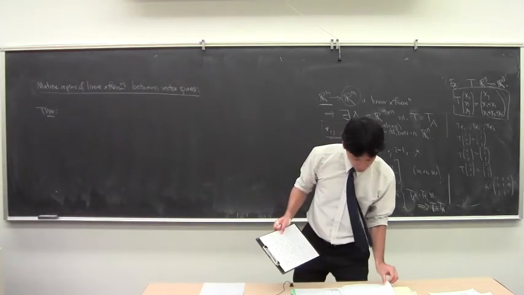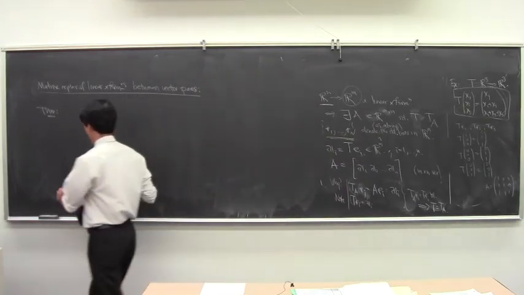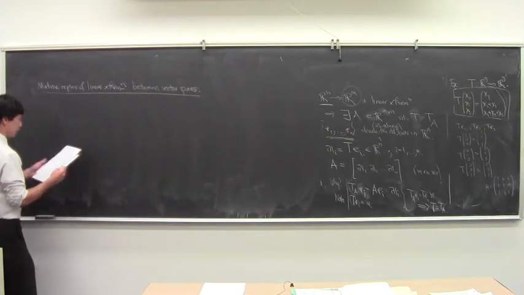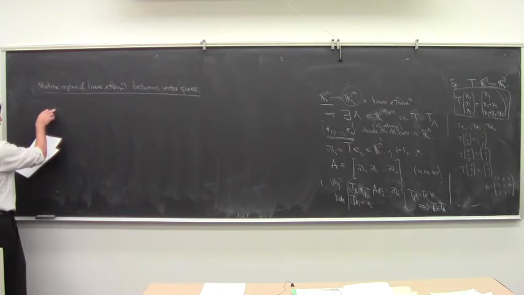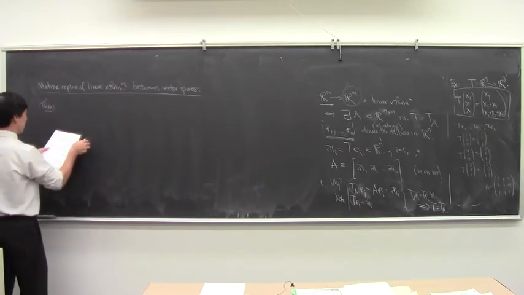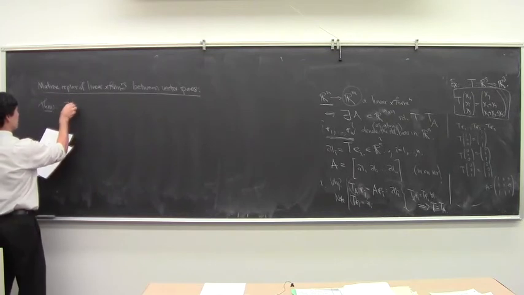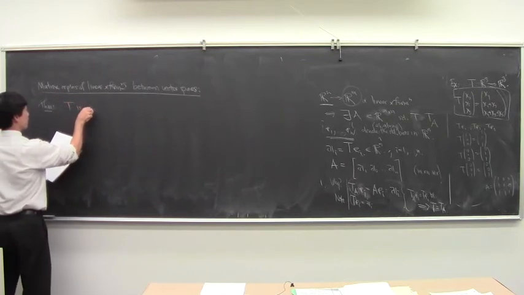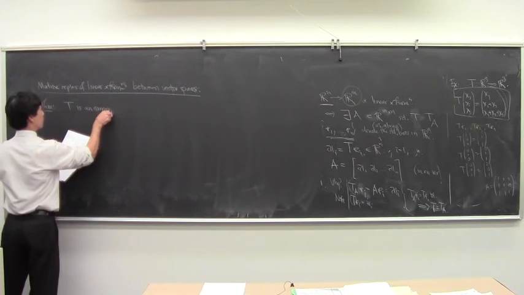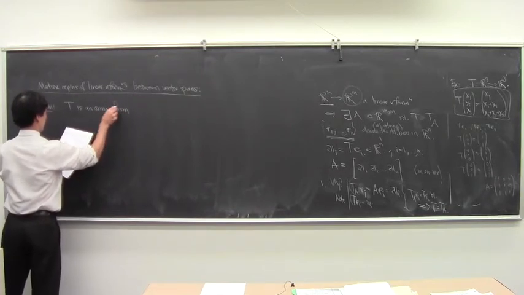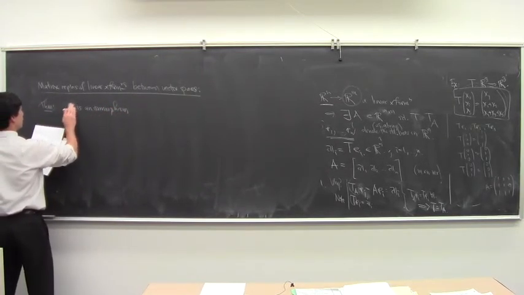Before we do it, I need to say something. From last time, I forgot to mention the following theorem: T is an isomorphism. So you've got T from one vector space into another.